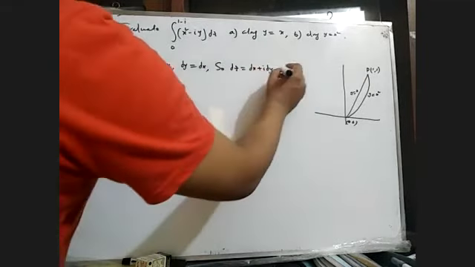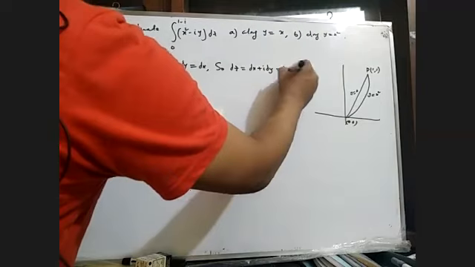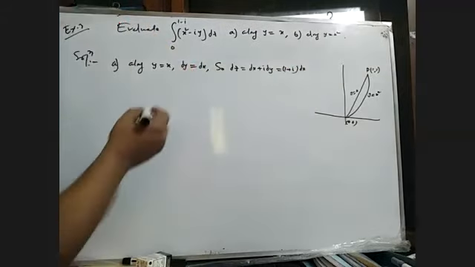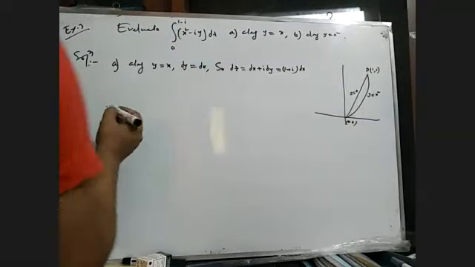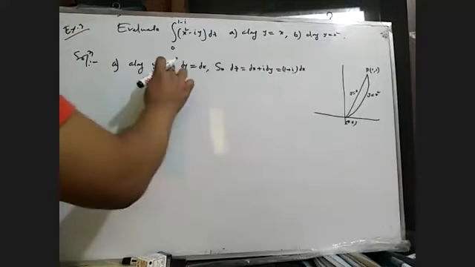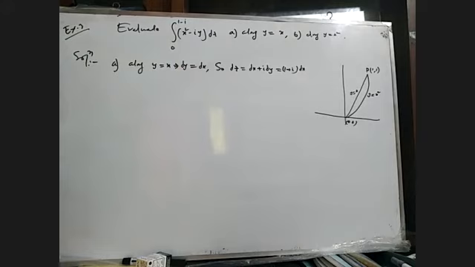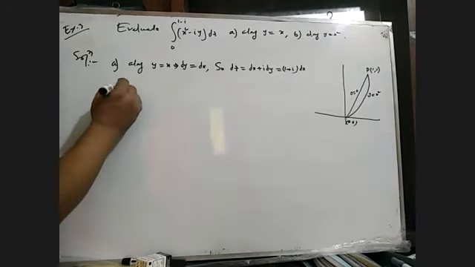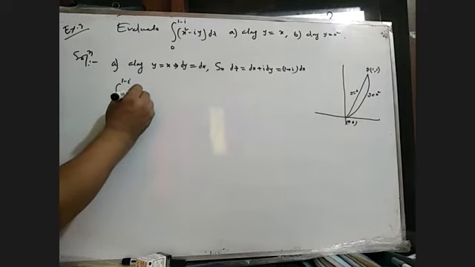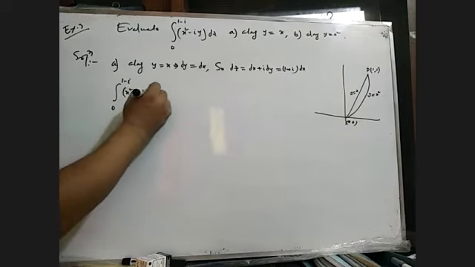Also dx. So 1 plus I into what? Dx. Just putting dy equals to dx. So we get dz equals to 1 plus I dx.